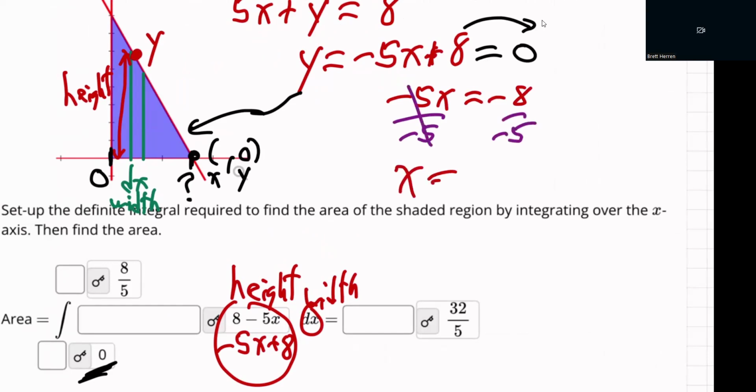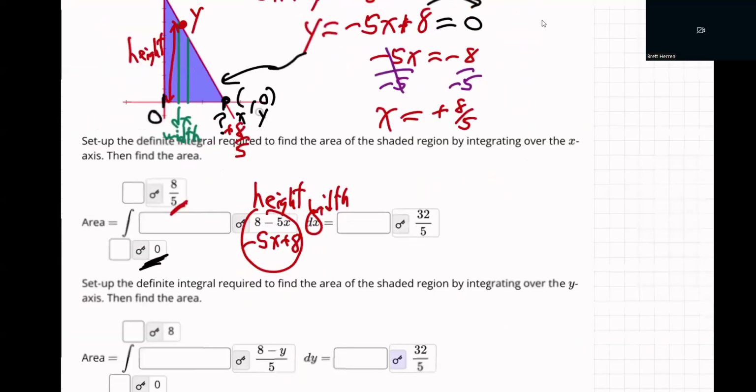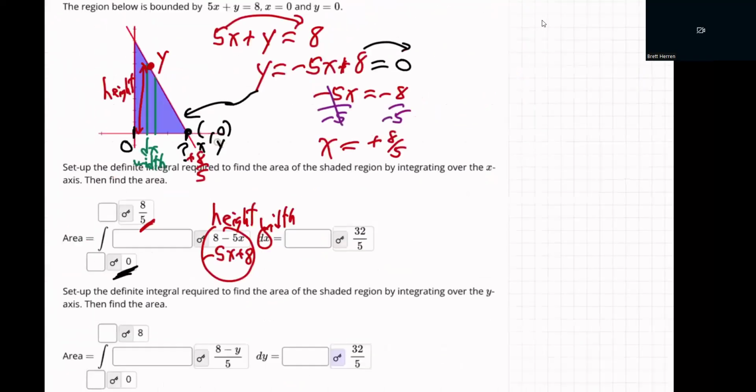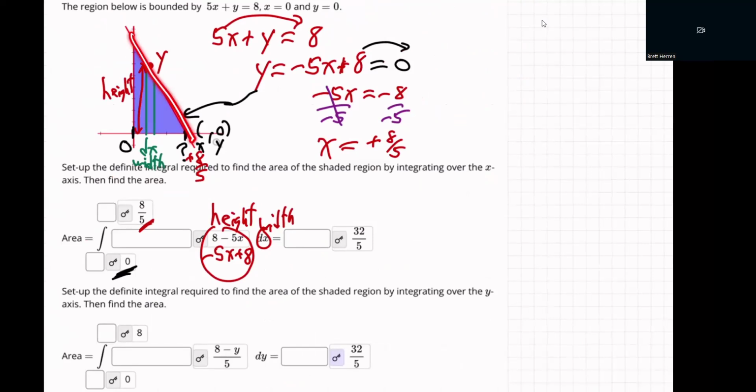Boom. x is positive 8/5. So this must be positive 8/5. That's why we go from 0 to positive 8/5 of this function, which is the y height. y alone is minus 5x plus 8, or 8 minus 5x, same thing, times the width dx.